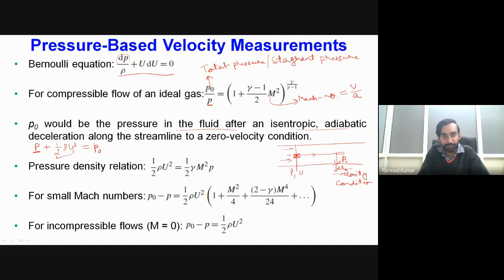This kinetic head will be actually converting into only a static head. Okay, so that particular pressure, which includes both the pressure because of the static pressure and the pressure because of the flow, is something which is known as total pressure or stagnation pressure.